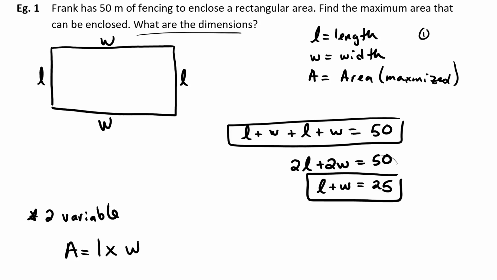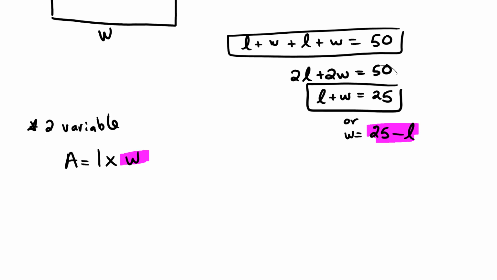So what I'm going to do is put W in terms of length. So we can say W equals, and I'm going to subtract L from both sides, 25 minus L. So instead of putting my W in, I'm going to put this expression. So I'm going to say area equals length times width, which is 25 minus length.